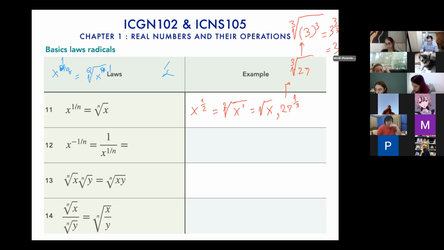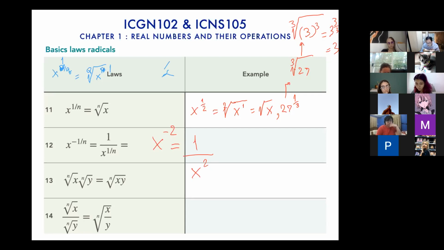Now the next rule: x to the power of negative 1 over n. If you remember, when we studied before, if we have x to the power of negative 2, it equals 1 over x squared.